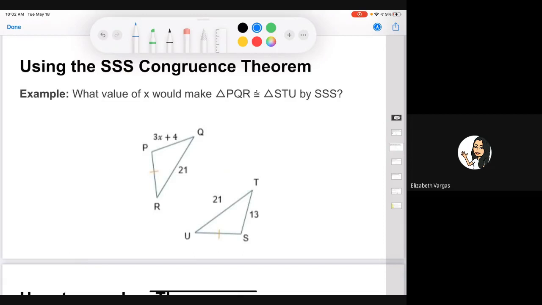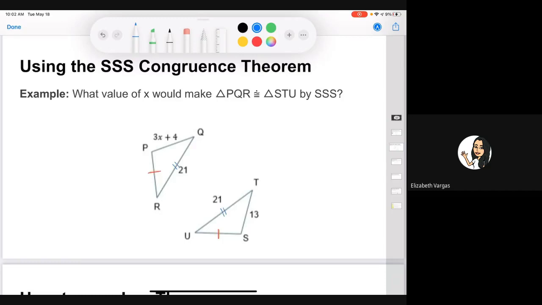So here's an example we might encounter. It says, what value of x would make triangle PQR and STQ congruent by the side-side-side theorem, right? We need to prove that all of our corresponding parts are congruent to each other. We can see here that this angle is 21.